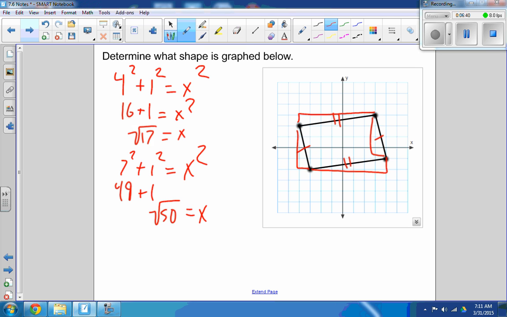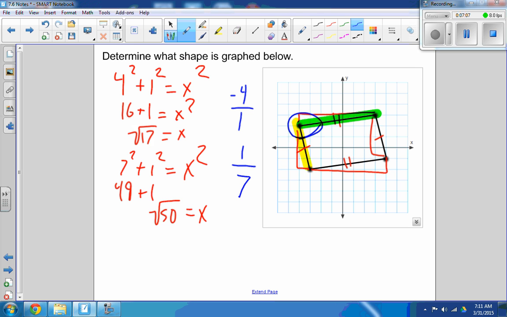And I know it's not a rectangle because I can use slope to show that these are not perpendicular. The slope of this line, as I said earlier, is down 4, forward 1. The slope of this line we did as up 1 over 7.